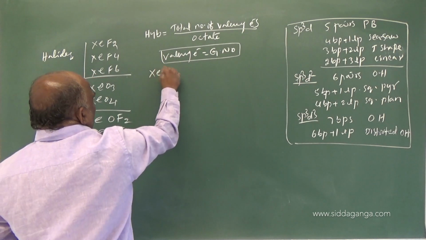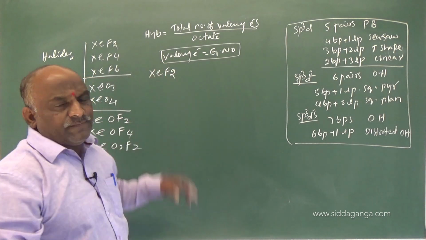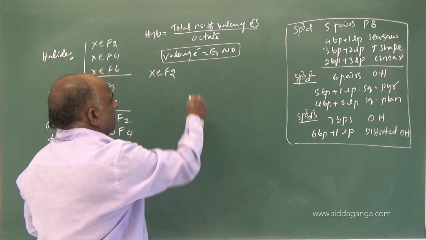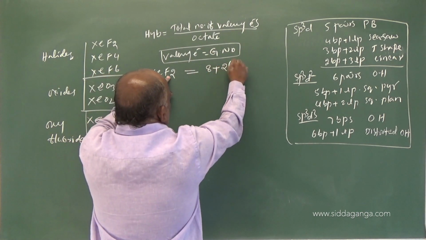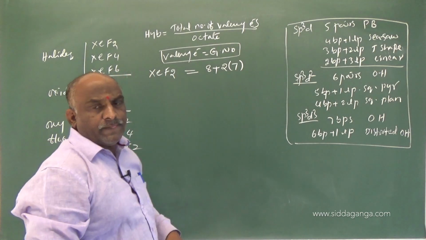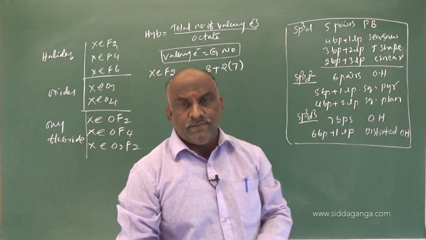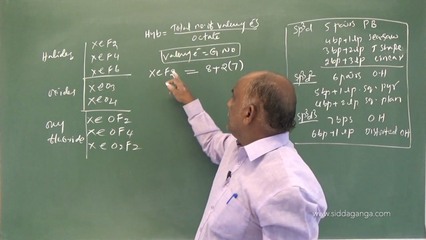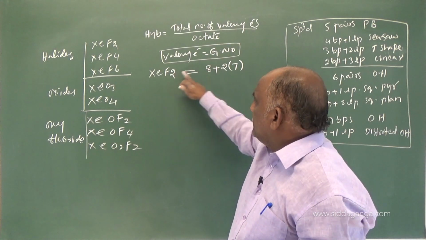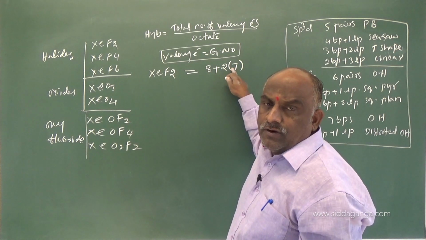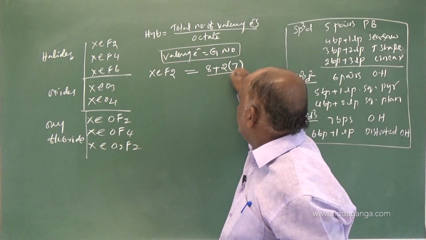If it is XeF2, we calculate: Xe group number 8, number of fluorines 2, fluorine group number 7, divided by 8.